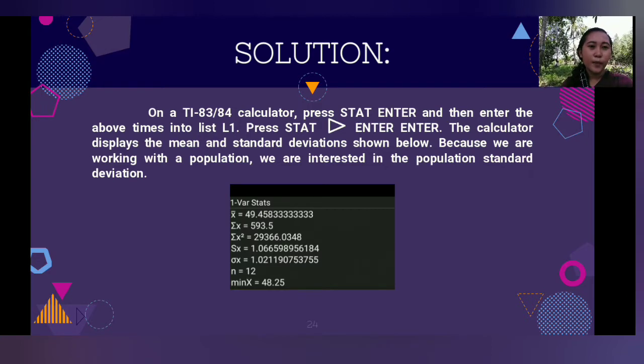And for the population standard deviation, we have 1.0211 and so on. For you to understand how to use the TI-83/84 calculator in solving this, I am going to show you on example number 6.